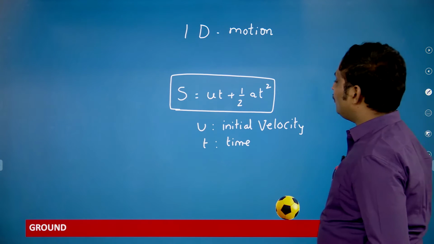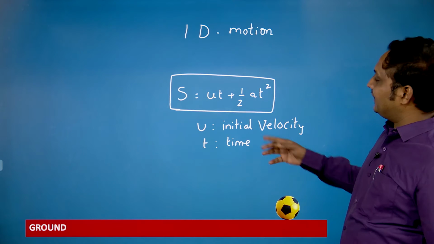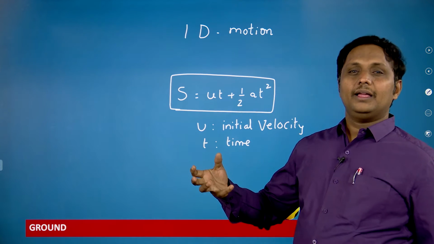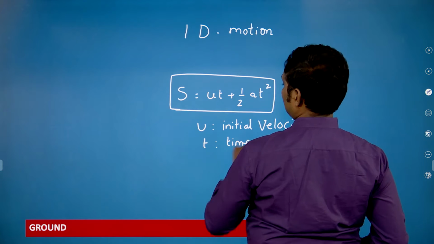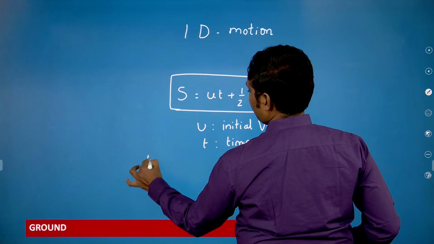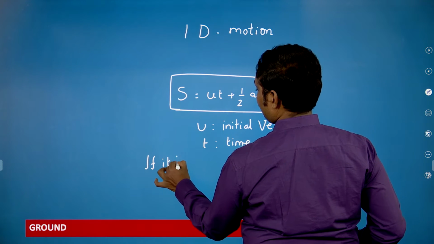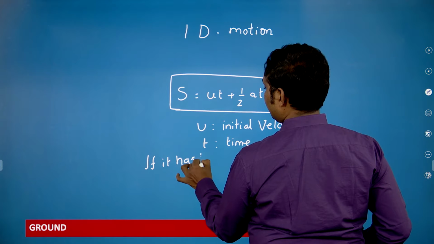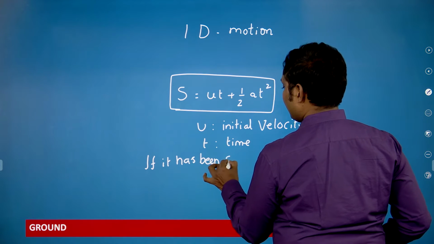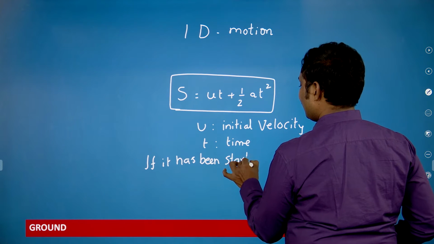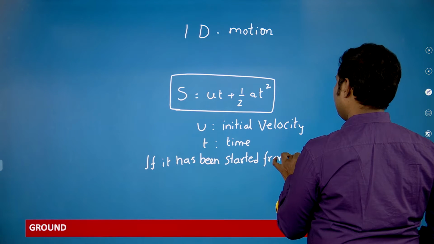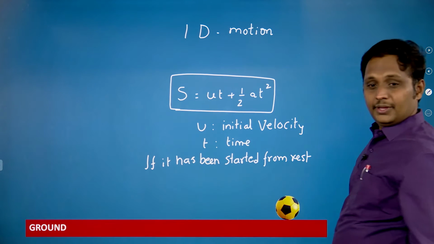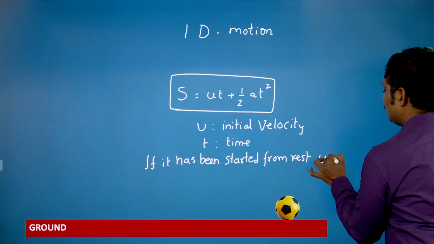Now we would like to go further. If it has been started from rest, you have to consider u is equal to 0. From rest, we consider u equal to 0.